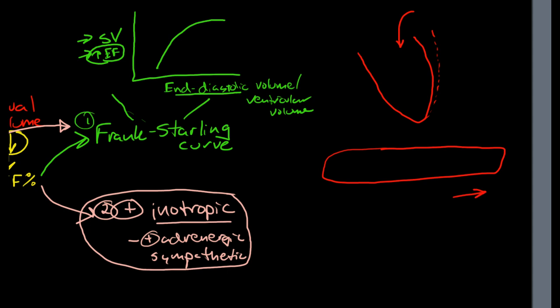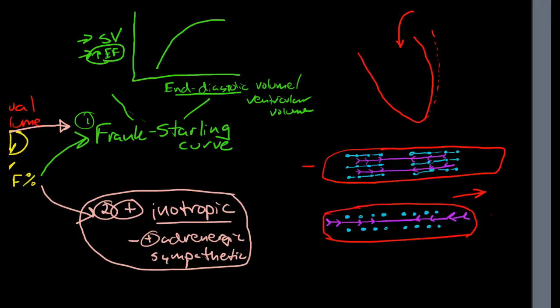And if you look inside at the muscle fibers, what you have is actin fibers here in blue, and then in between each of the actin fibers you have some myosin fibers here. And we have here at the top a stretched out fiber. What this is illustrating is that when you have a stretched out fiber, the actin and myosin are ideally stretched apart so that the actin and myosin can bind very easily.